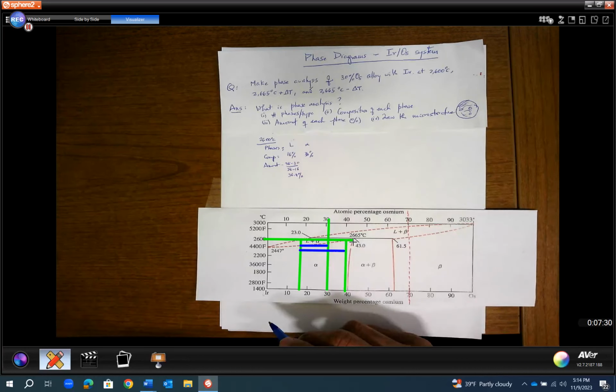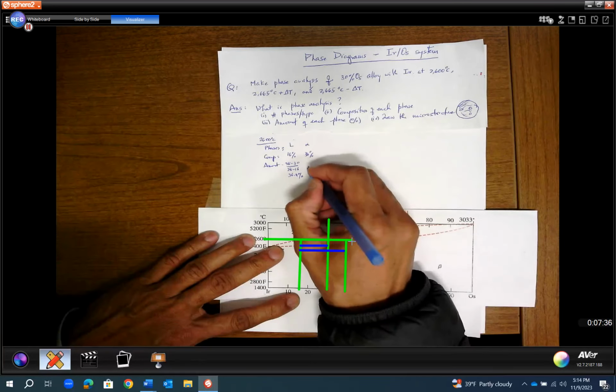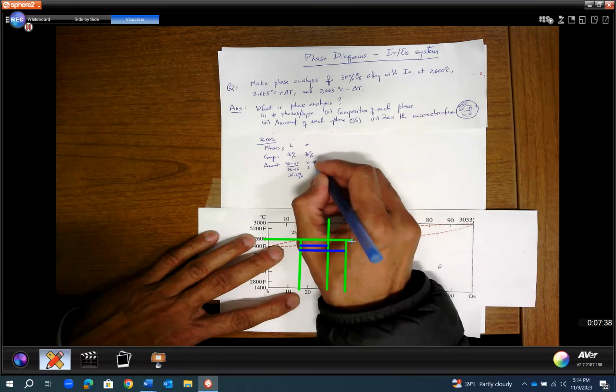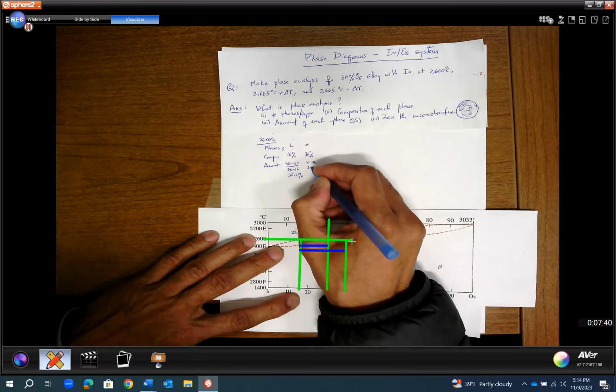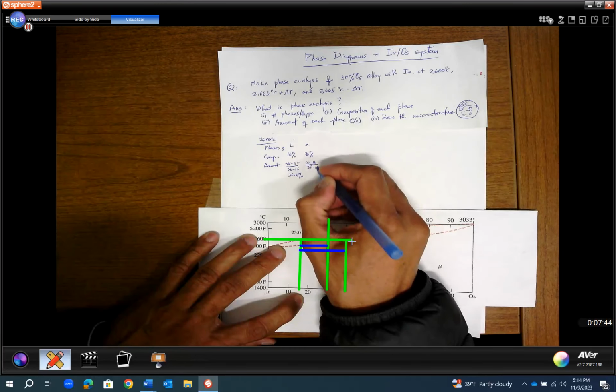That would be the composition of the solid alpha phase. And that would be 30 minus 16, 38, divided by 38 minus 16, right?